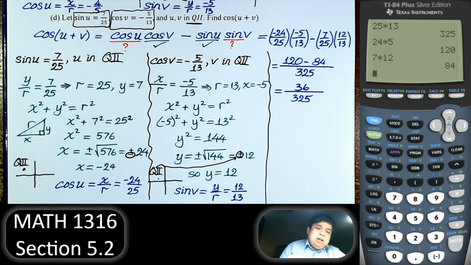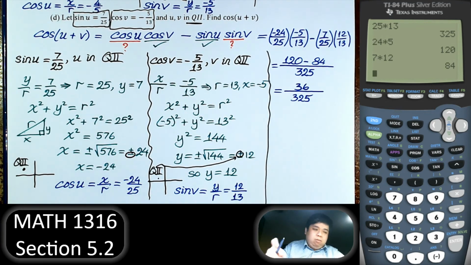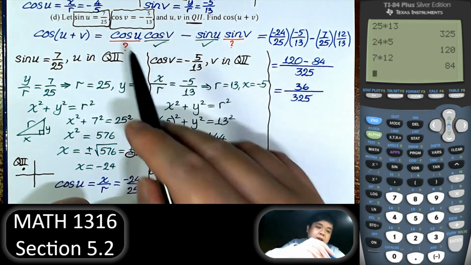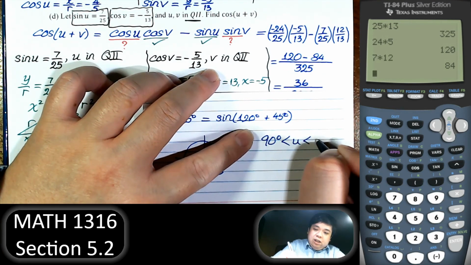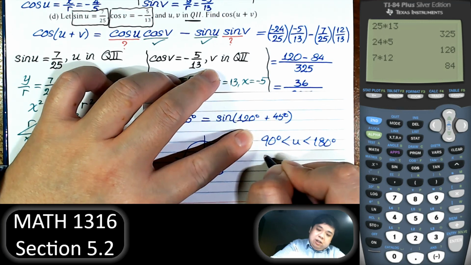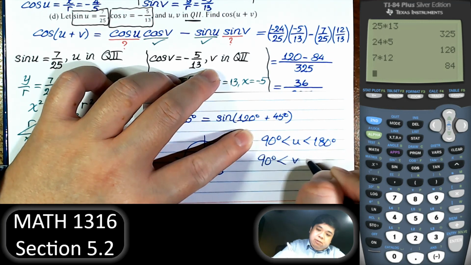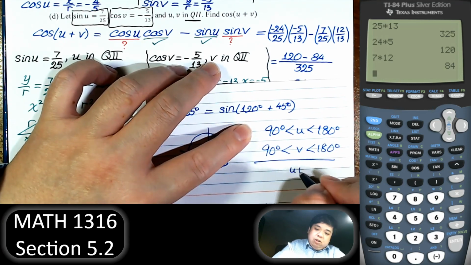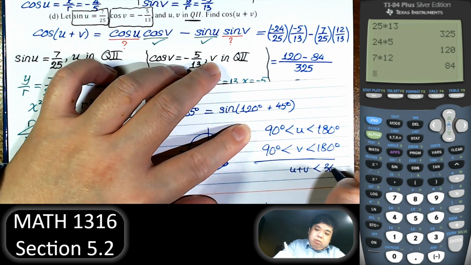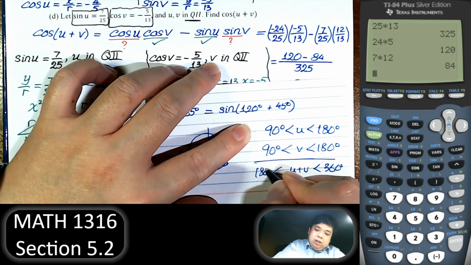Now, we have both u and v in quadrant 2. So when we add two angles in quadrant 2 together, the result could be in quadrant 3 or 4. If both are in quadrant 2, which means between 90 and 180, then when we add them, u plus v is between 180 and 360.